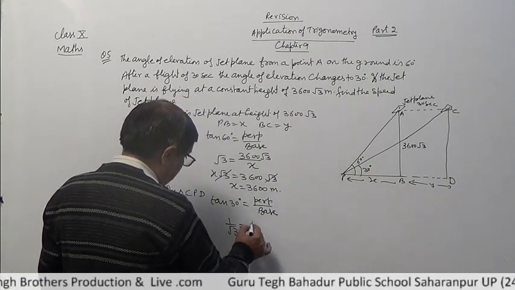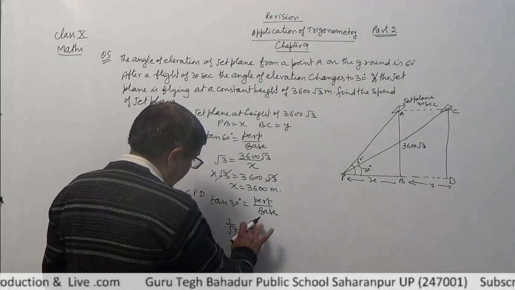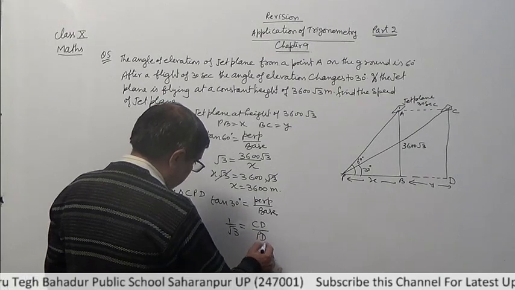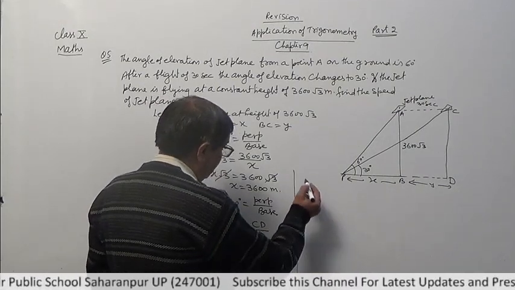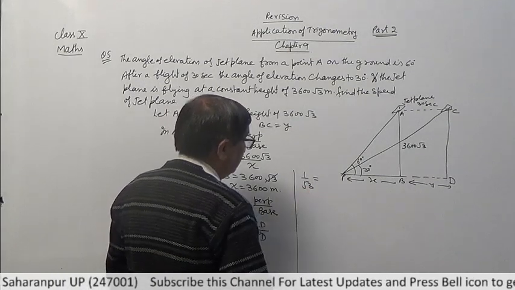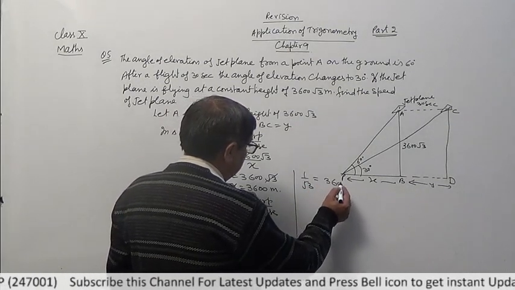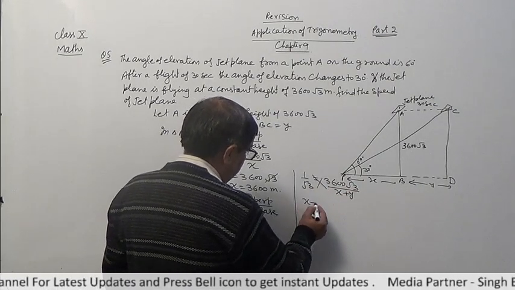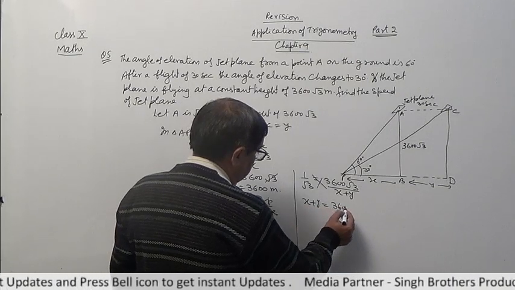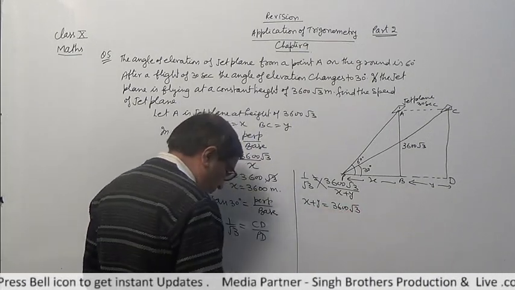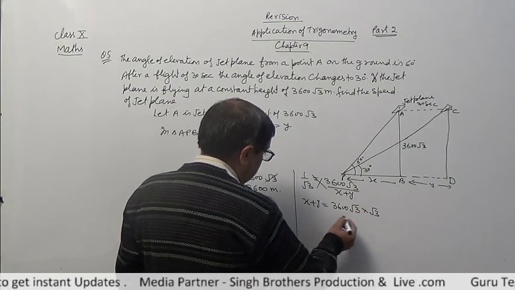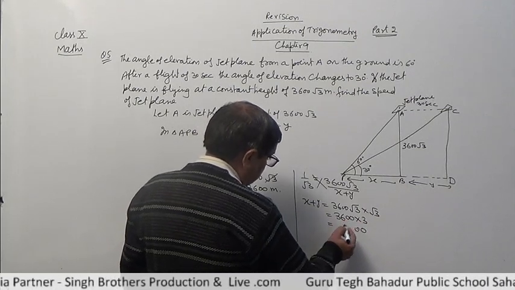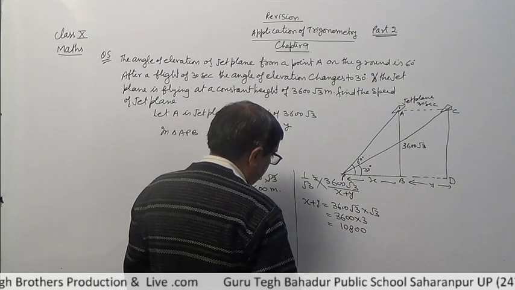Perpendicular is CD and base is PD. 1 upon root 3 is equal to CD, which is also 3600 root 3, upon X plus Y. Cross multiply, X plus Y is equal to 3600 root 3 into root 3, it becomes 10,800 meter.